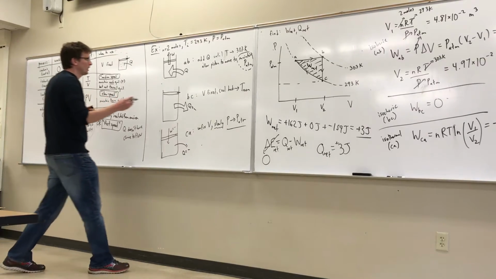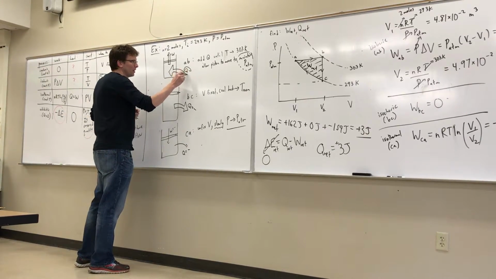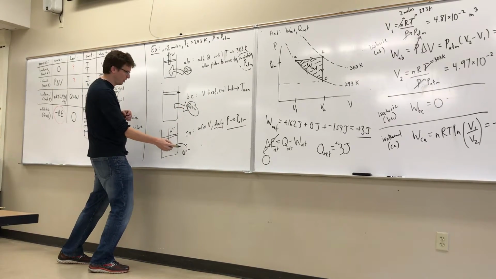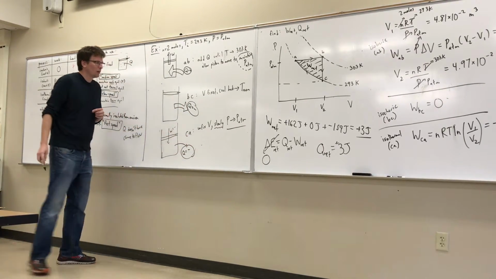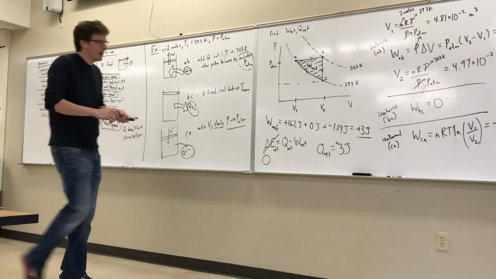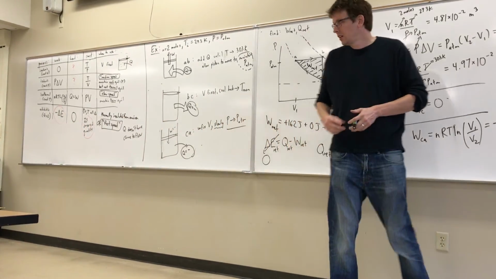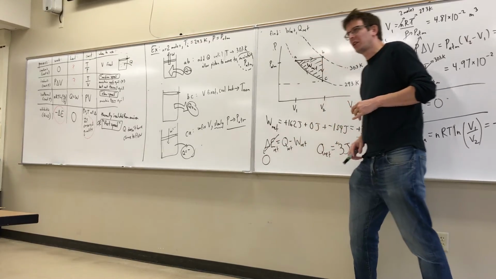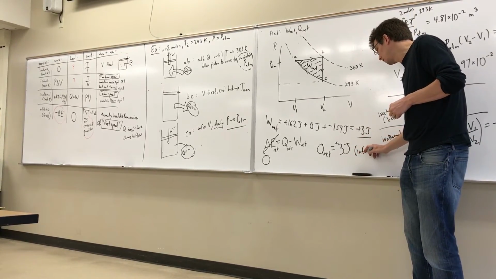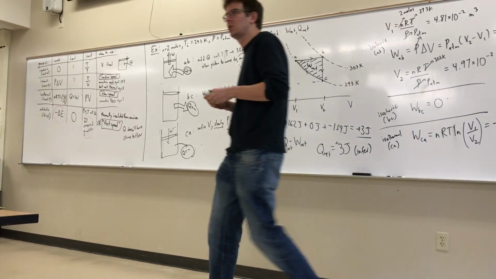Now we can't necessarily compute how much was this and how much was this and how much was this, but we do know that they add up to 3 joules because of the first law of thermodynamics, the energy conservation. So since we were able to successfully compute the net work, and we know that the change in internal energy was 0, we can infer what Q net was for the whole cycle if not for the individual pieces. We'll be able to do that part later.